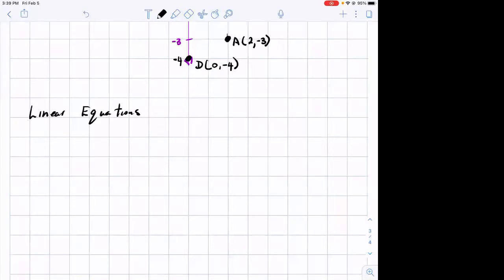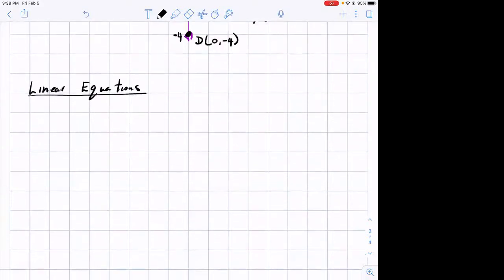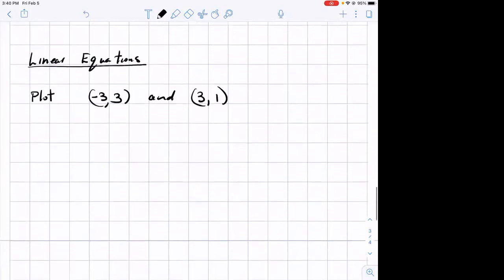So if we plot 2 points, minimum 2 points. So if I ask you to plot, let's say, -3, 3 and +3, 1. So here we have 2 points to plot.